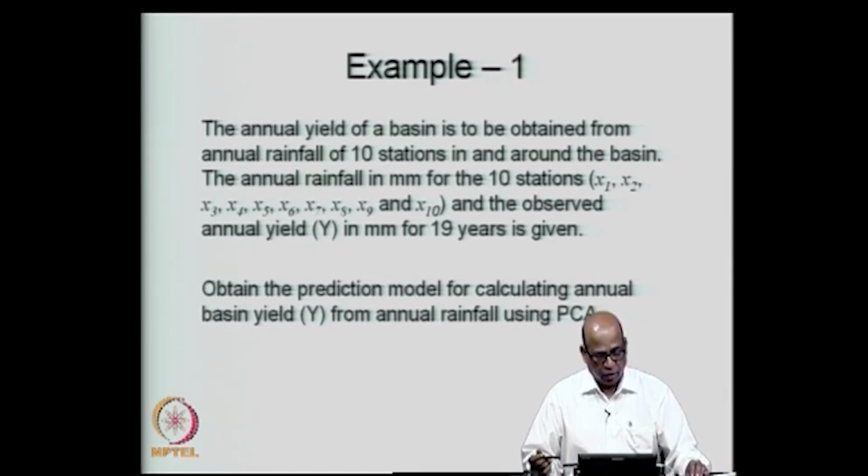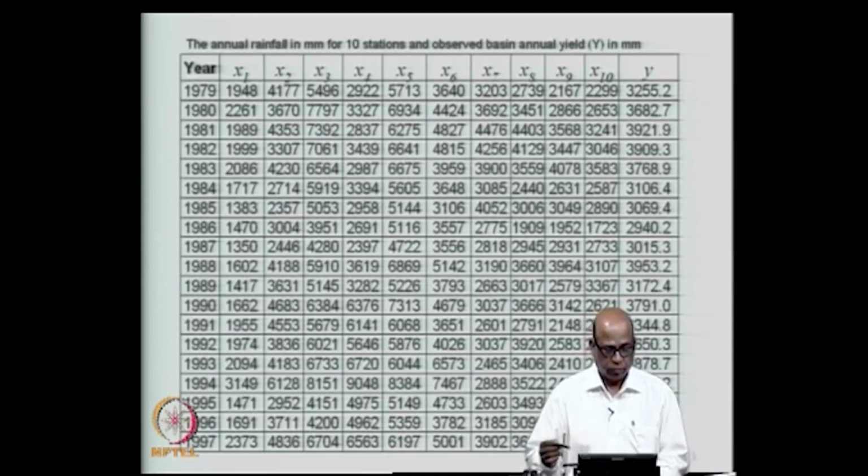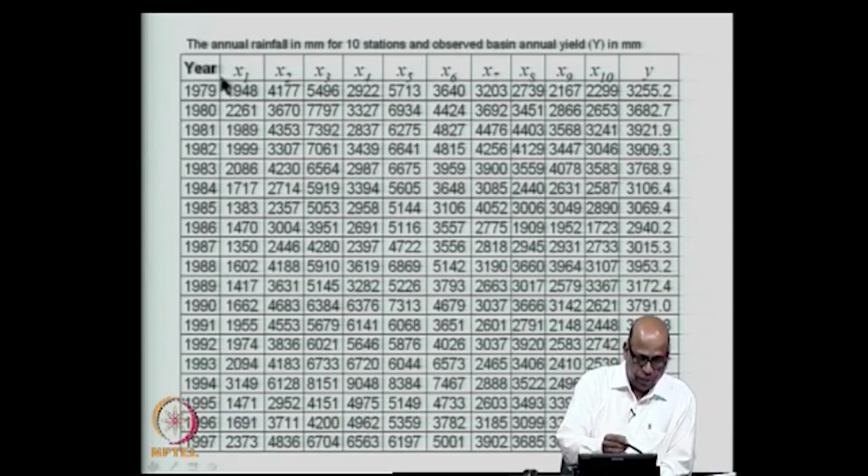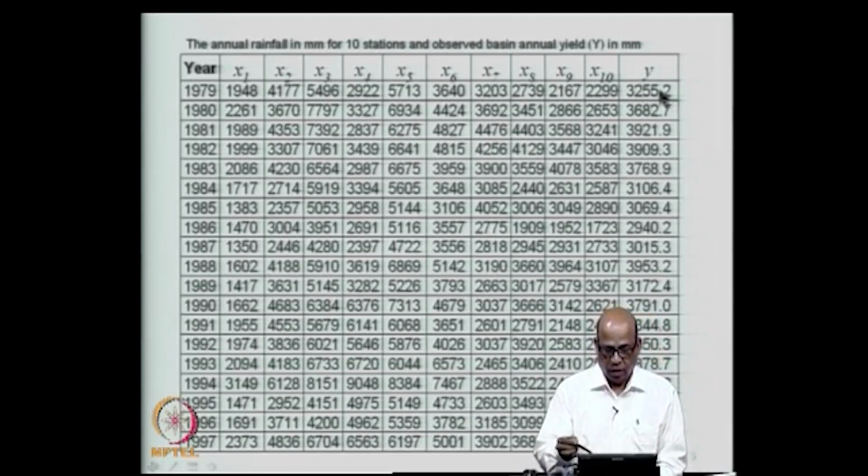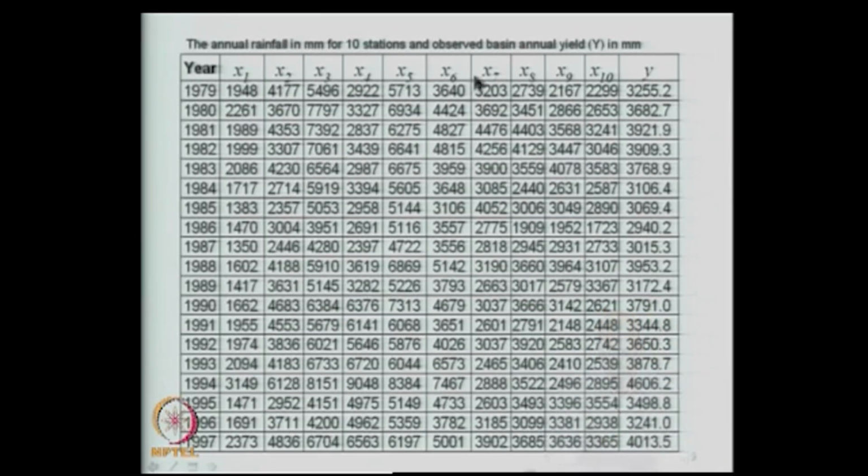Let us look at how the data is organized. We have 19 years of data. This is the year number and the annual yield is given here for all the 19 values. We take this as the dependent variable y, and these are the rainfall values given at the 10 stations.